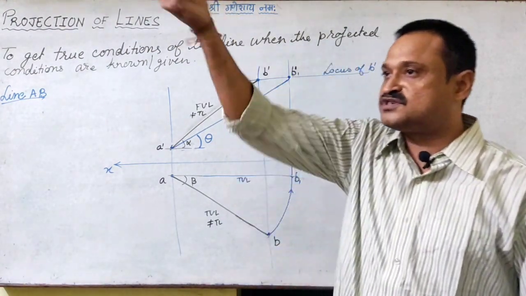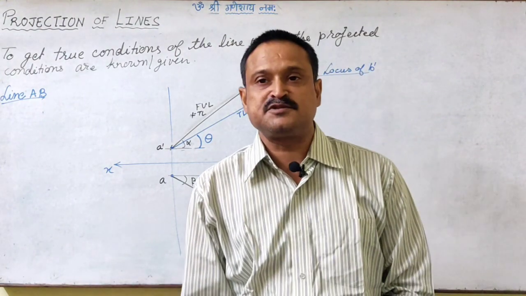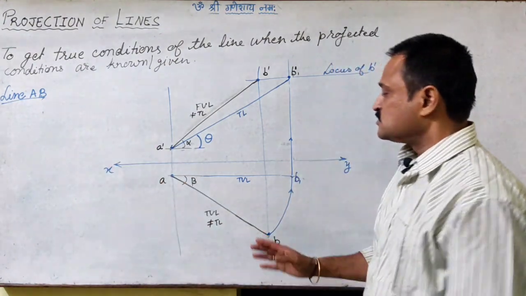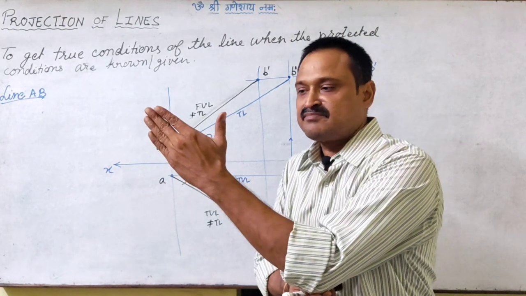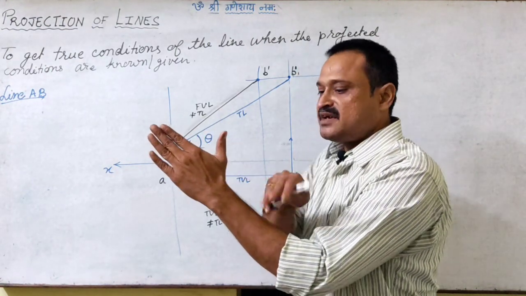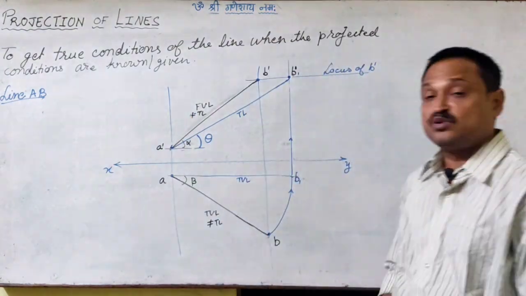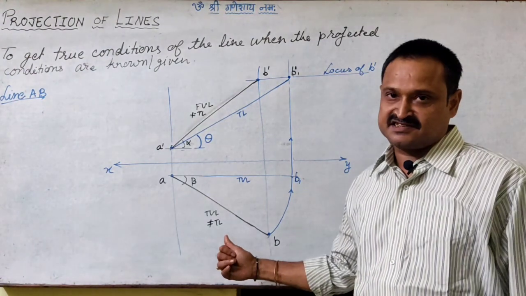So we have used that fundamental: when the line is parallel to VP, we can see its true length in the front view. So what we did, we rotated that line, made it parallel, and we could now see the true length of the line and the true inclination of the line. Though we don't have the line here, we have played with the images.